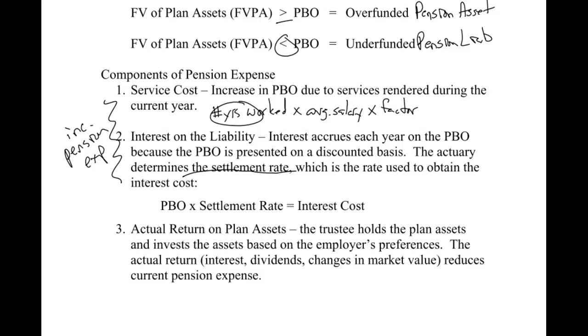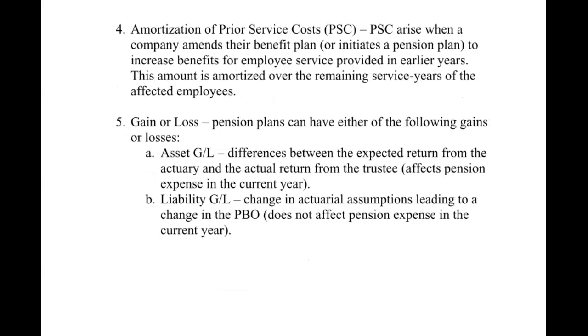This one, however, reduces current pension expense, and that's assuming it's a return. Now, you have really bad years every now and then where you could technically have an actual loss on your plan assets. If so, then it would be the opposite, but I don't think you'll see that in any of our examples.